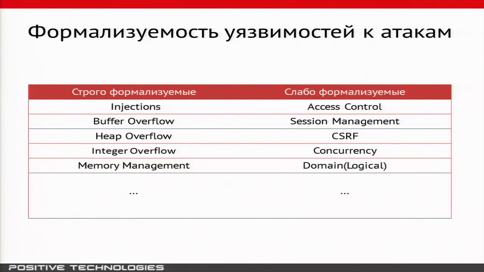So you can hardly formalize, as I told you, because it's unclear what a vulnerability is, what's wrong in the code, what makes it vulnerable. Either we know it but we cannot check. For instance, access errors are an example.